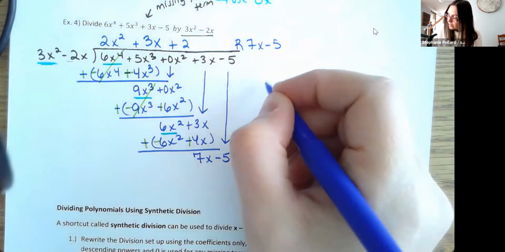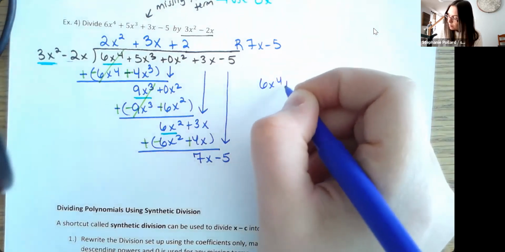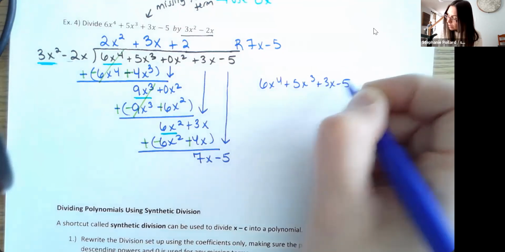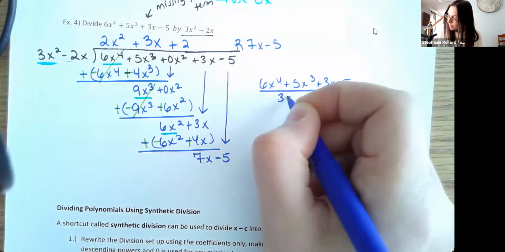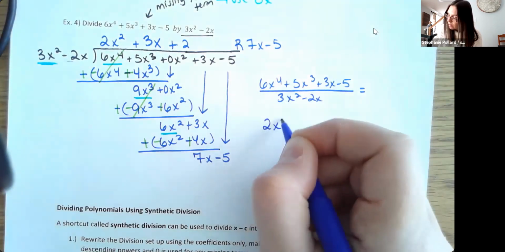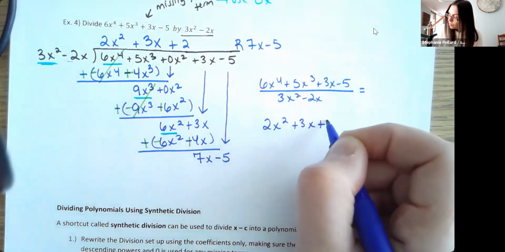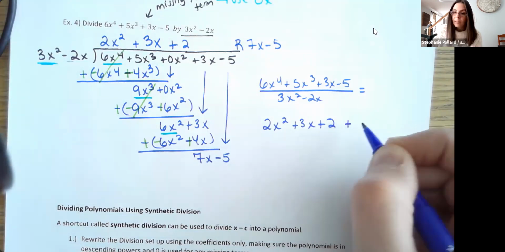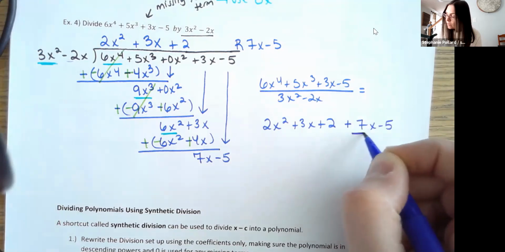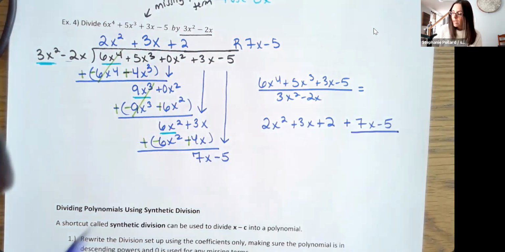So our problem was 6x to the 4th plus 5x cubed plus 3x minus 5. And we divided that by 3x squared minus 2x. And our answer was 2x squared plus 3x plus 2. And then don't forget your remainder, plus your remainder, 7x minus 5. And that remainder goes over your divisor, whatever you're dividing by.